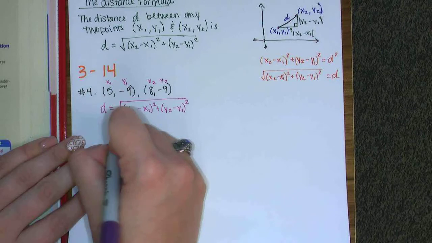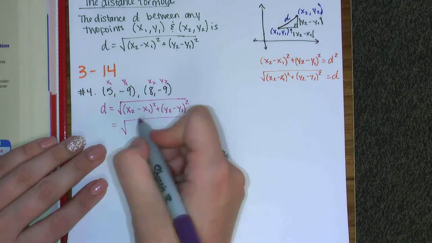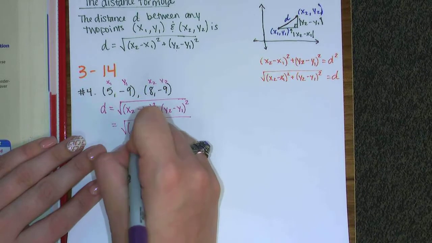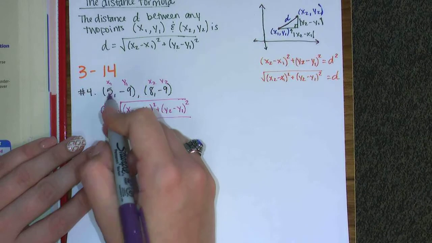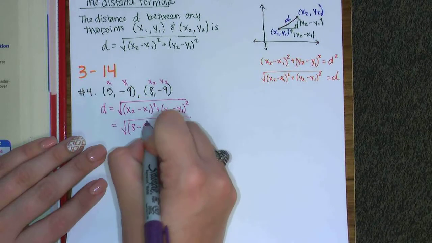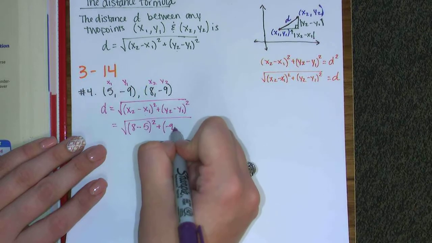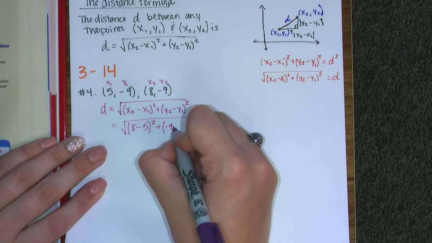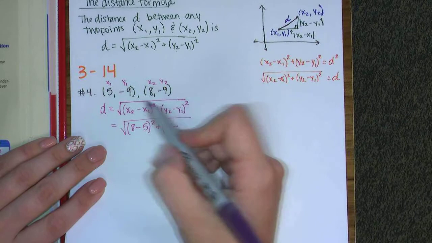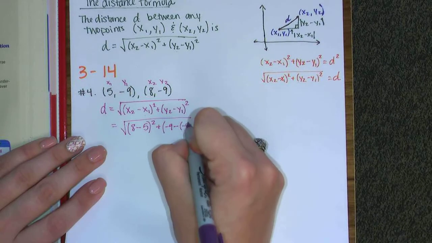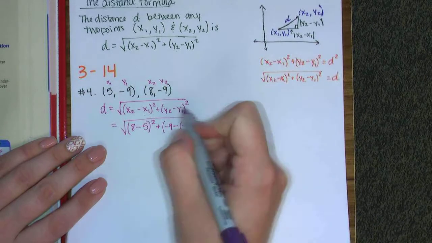So, this is equal to the square root of x2 is 8 minus x1 is 5 squared plus y2 is -9. Now here we got to pay attention, minus a -9 squared.